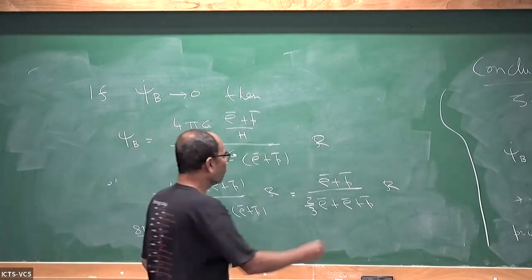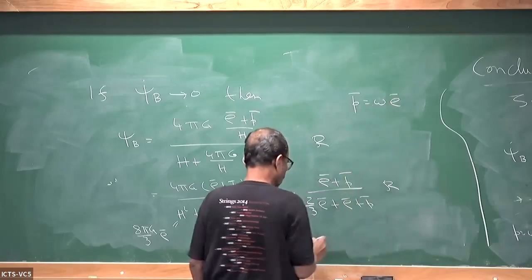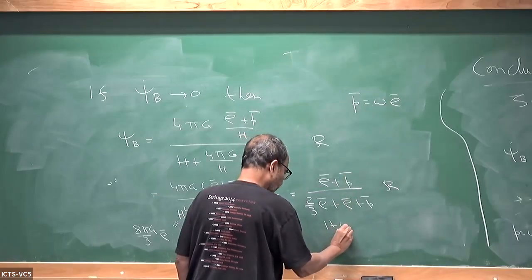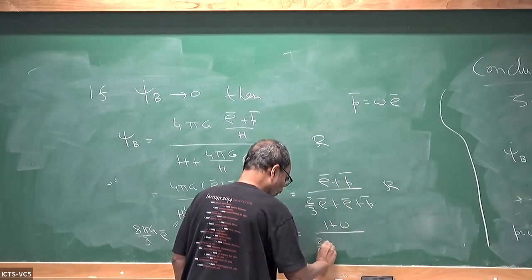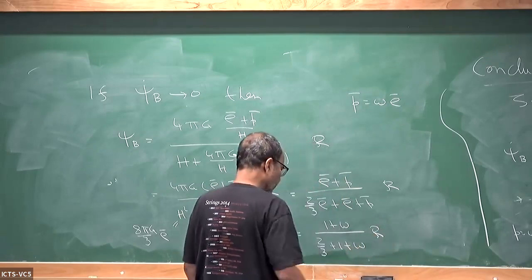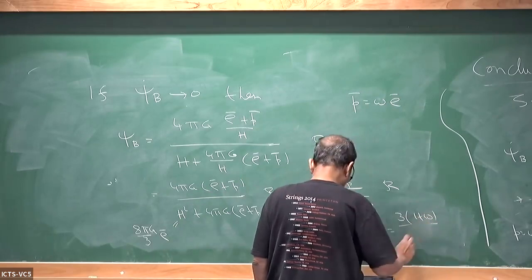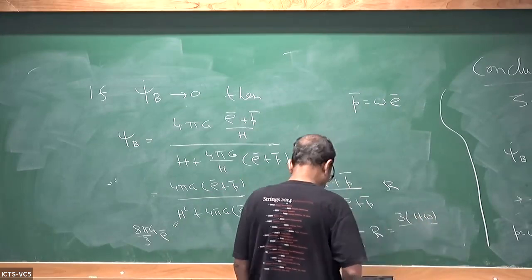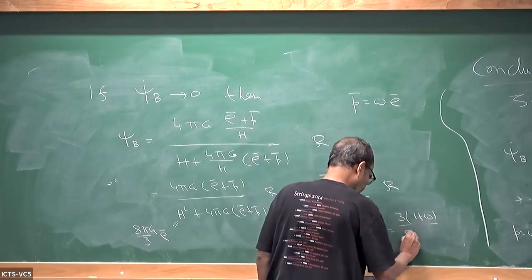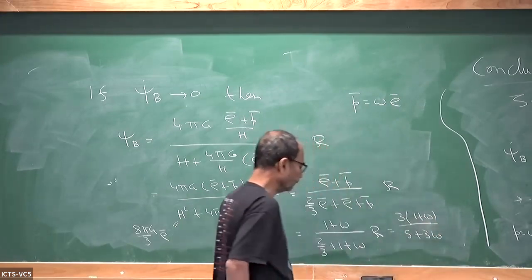Now if you use p bar equal to w rho bar, this is 1 plus w over 2/3 plus 1 plus w, times r. That's 3 times 1 plus w over 5 plus 3w, times r.